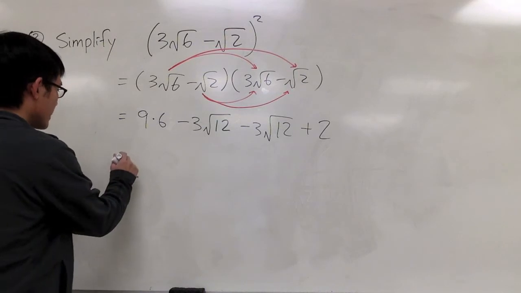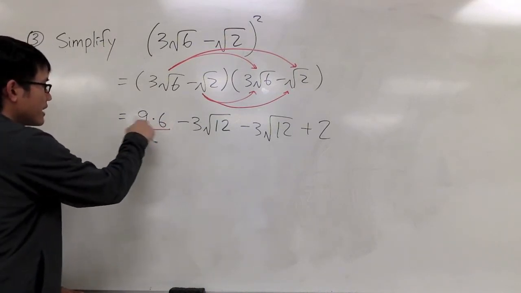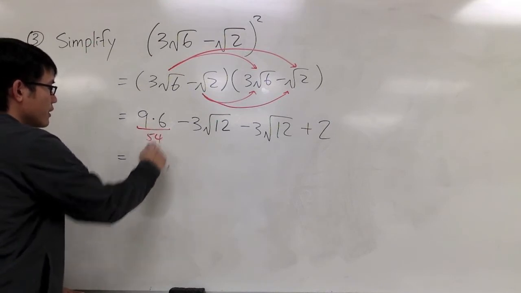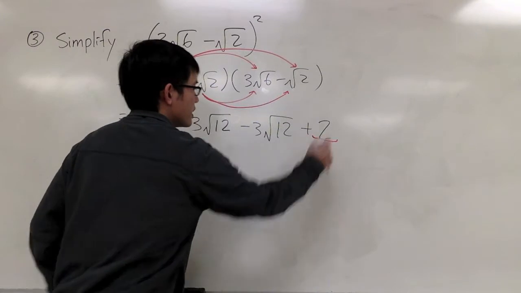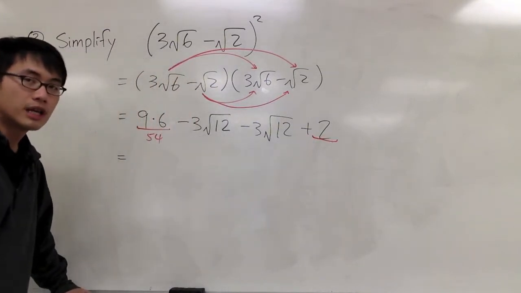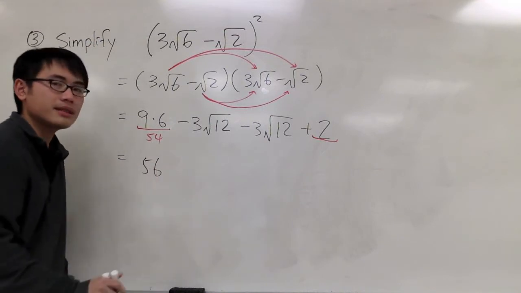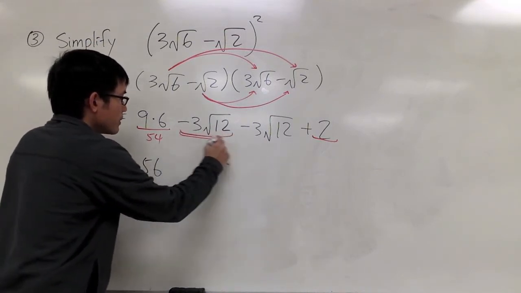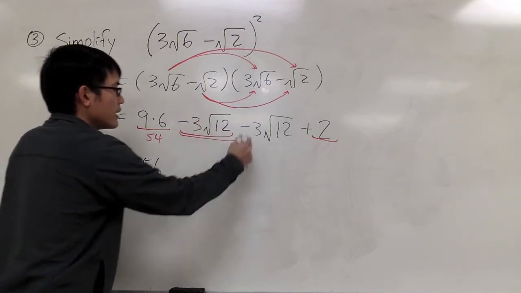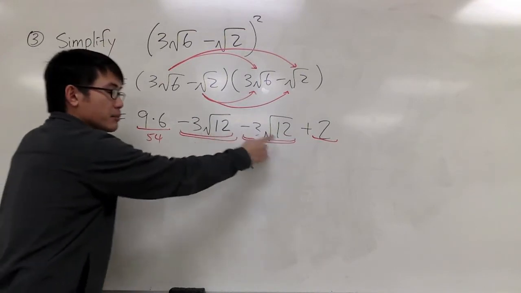So then let's see, what can we do with this? First of all, I know that 9 times 6 is equal to 54. And 54 can be combined with that regular number 2. So I get 56. Then we see that negative 3 square root of 12 minus 3 square root of 12, they have the same radical.